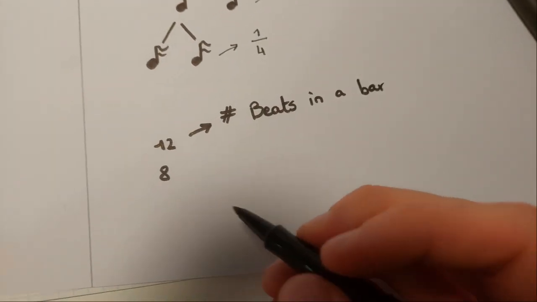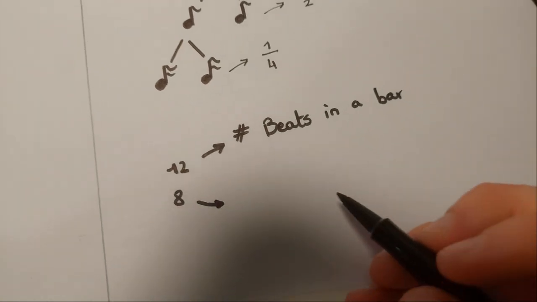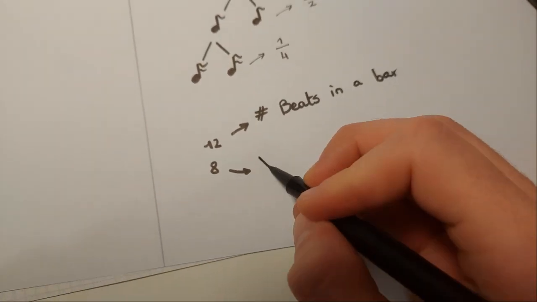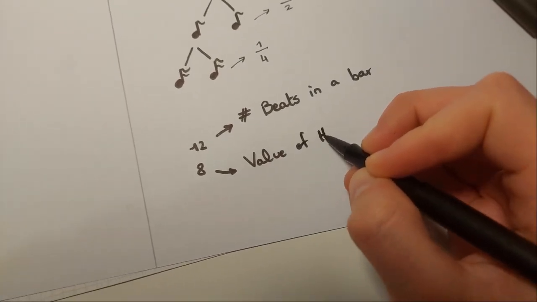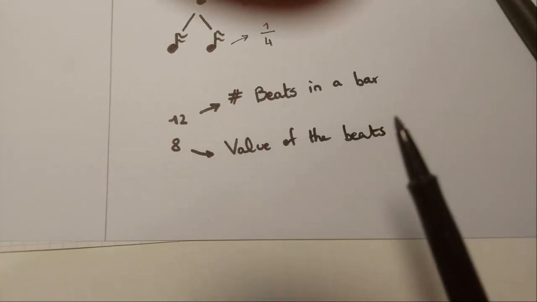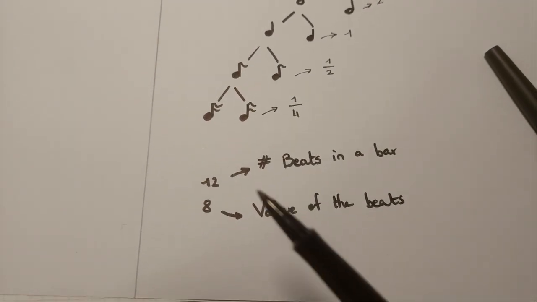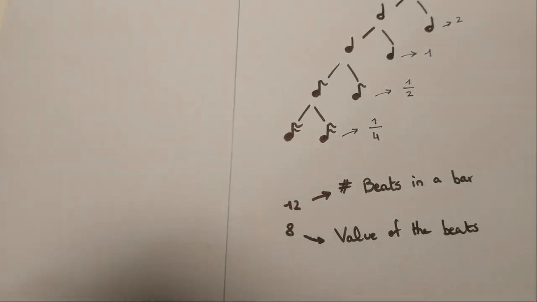The number at the bottom, so here 8, represents the value of these beats. Okay, we are going to see what these things mean in an exercise a bit later.